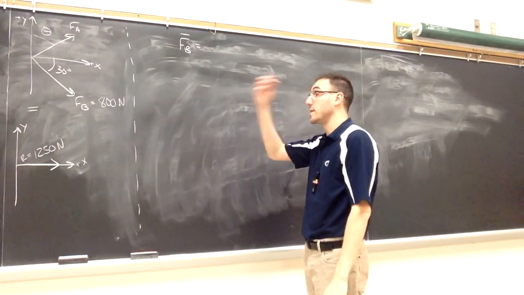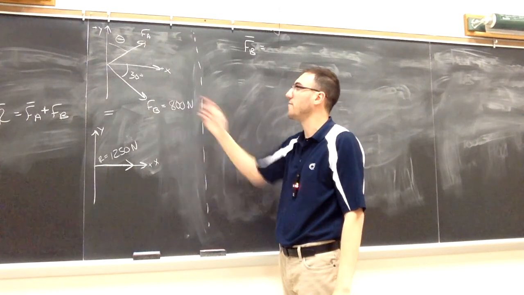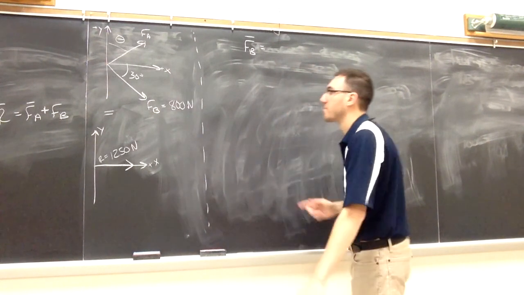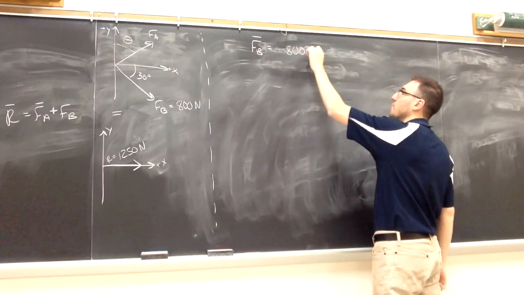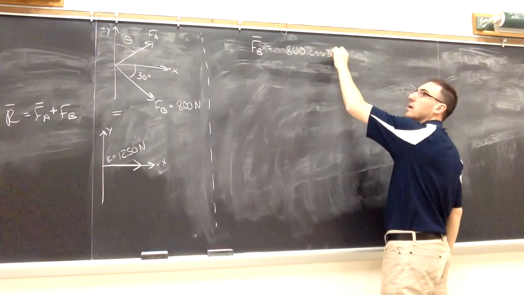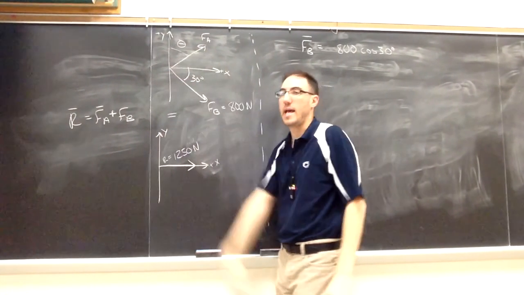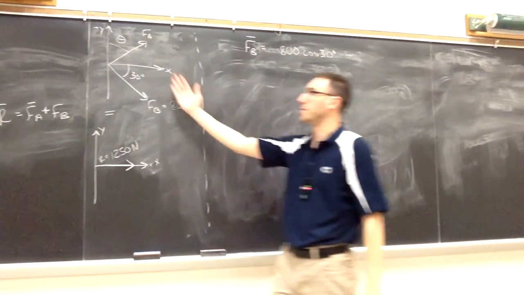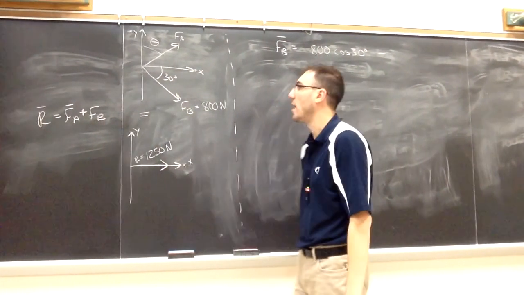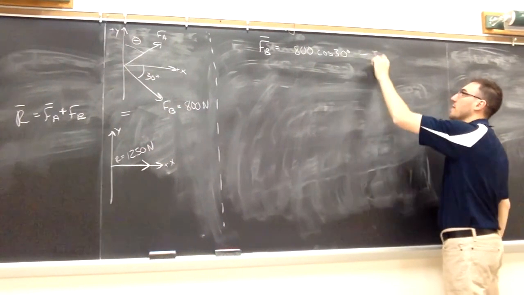According to our coordinate system, it's in quadrant number 4, which means the x component should be positive, the y component should be negative. The i component is going to be 800 cosine 30, since the adjacent is going to lie parallel to the x-axis. And for the y component, we're going to use sine, and again, it's pointing in the negative y direction, so it's going to be 800 sine 30.